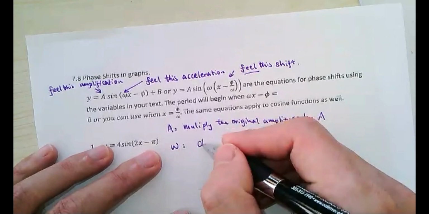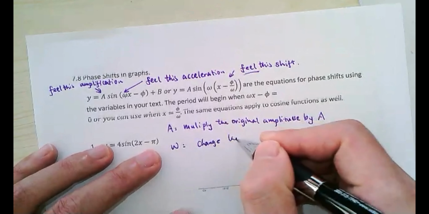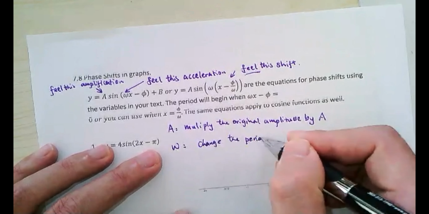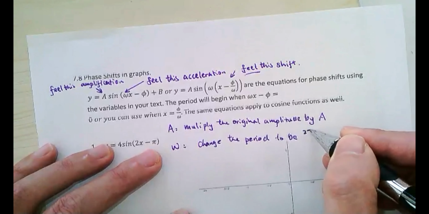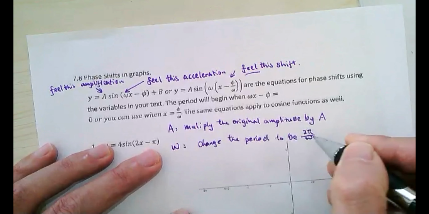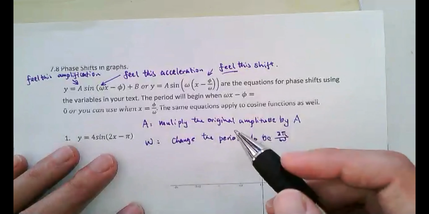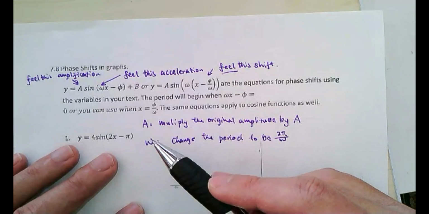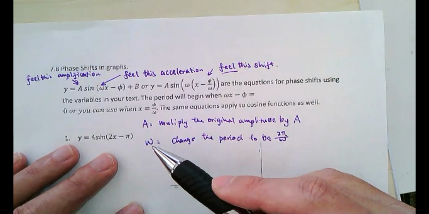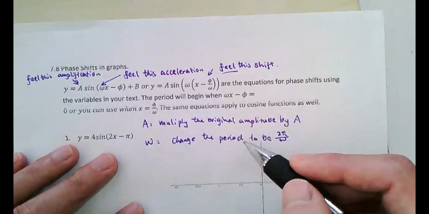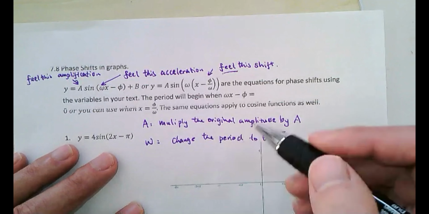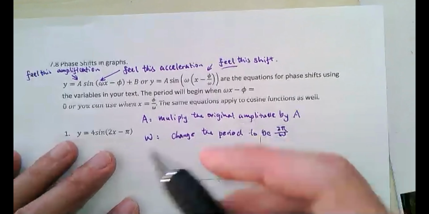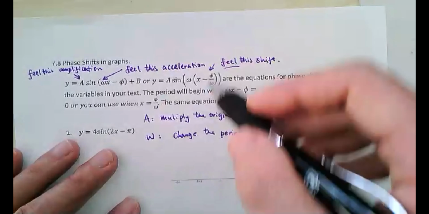Omega changes the period to be 2 pi over omega. If the omega is bigger than 1, for example 2, as we just did, the new period is 2 pi over 2, which is just pi. So the smaller the period is, the faster it's moving.